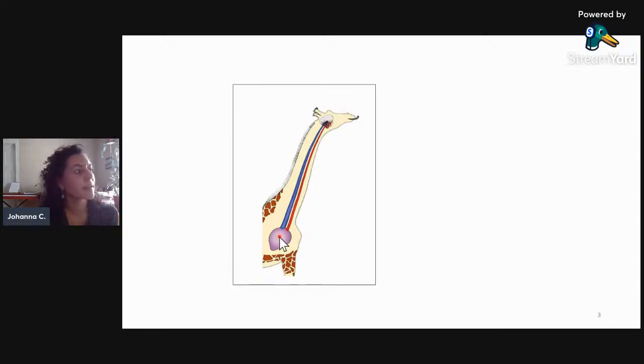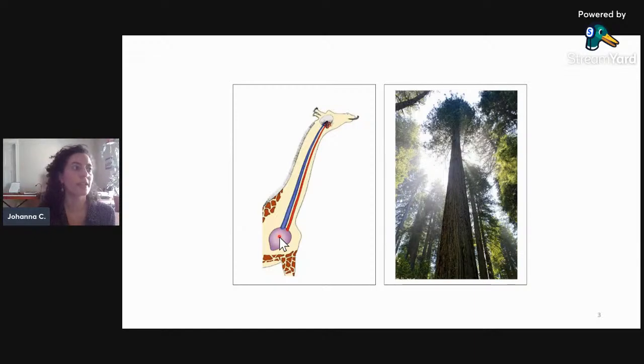But what about trees? Here there's a sequoia tree, and sequoia trees are the tallest trees in the world. If you imagine a giraffe can reach around 5 to 6 meters tall, a sequoia tree can reach around 124 meters tall. So it's actually 24 times taller than a giraffe.